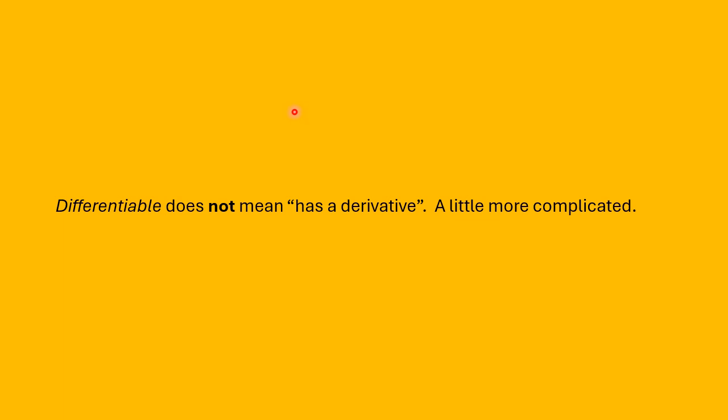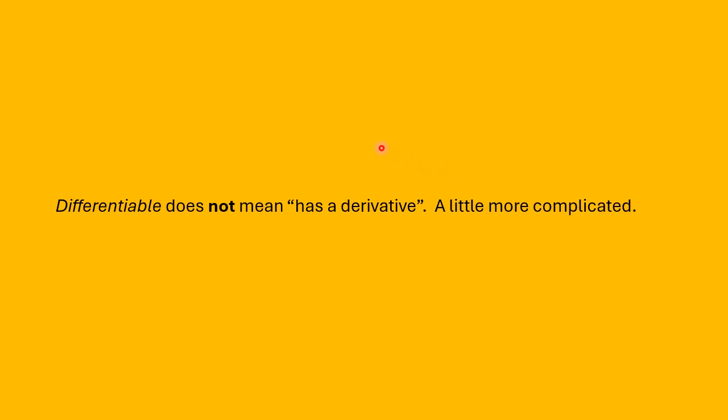And for a function of one variable, differentiable means has a derivative. When you get to functions of several variables, more than one variable, differentiable does not mean has a derivative. It's a little bit more complicated than that, and we will see what it means.